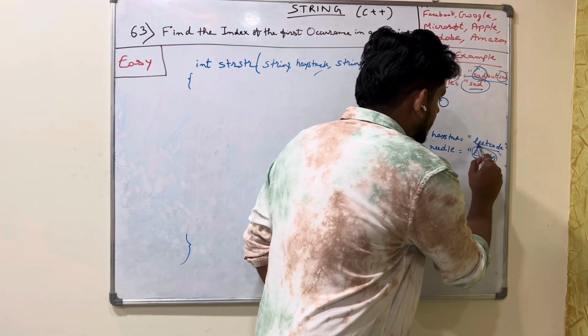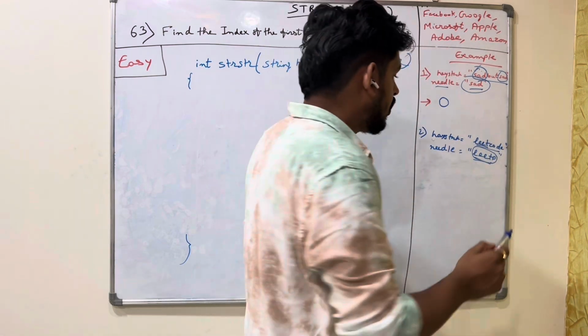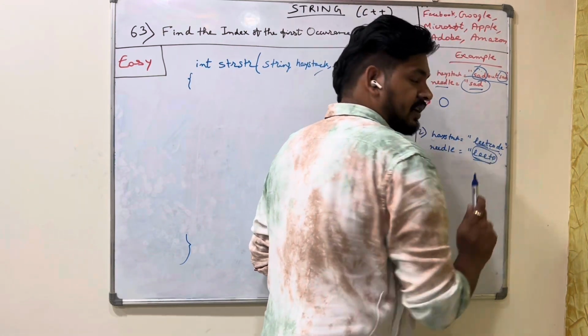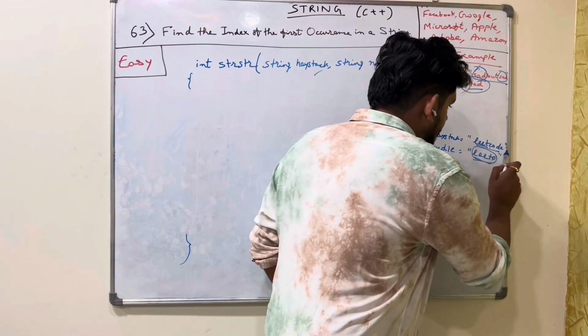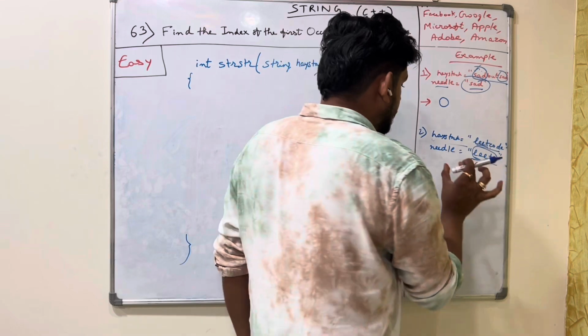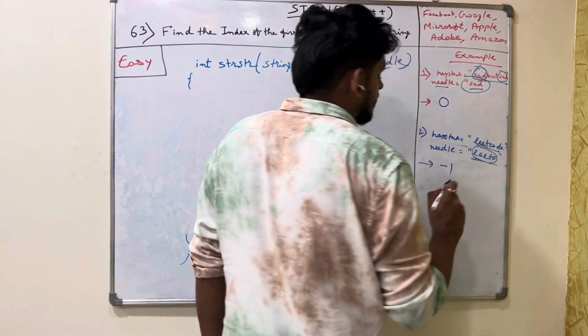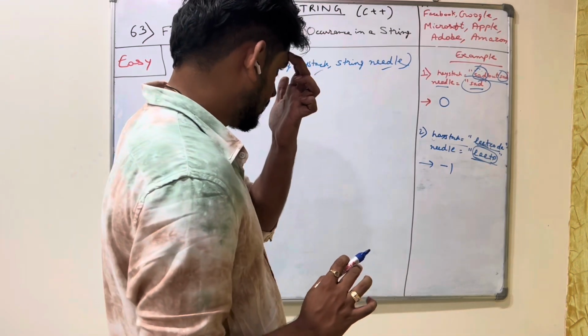Here you can see up to "leet" it is matching, but then it's O, so it's not matching. If we continue and see in this whole string, we won't get "leeto". So there is no occurrence of needle in haystack. In that case, we are supposed to return -1. It's given in the question.